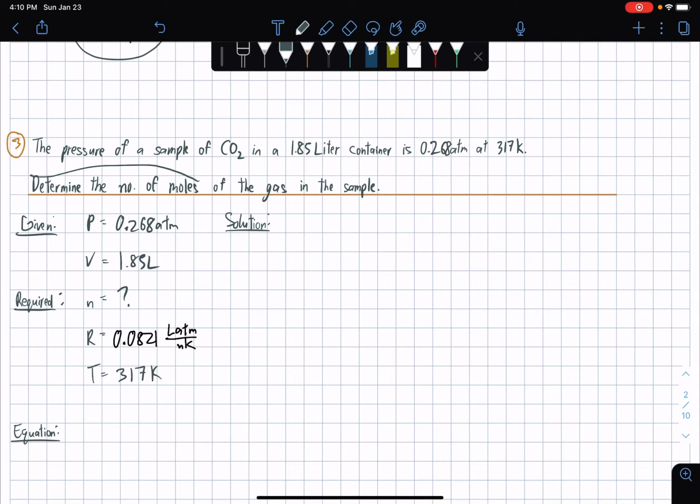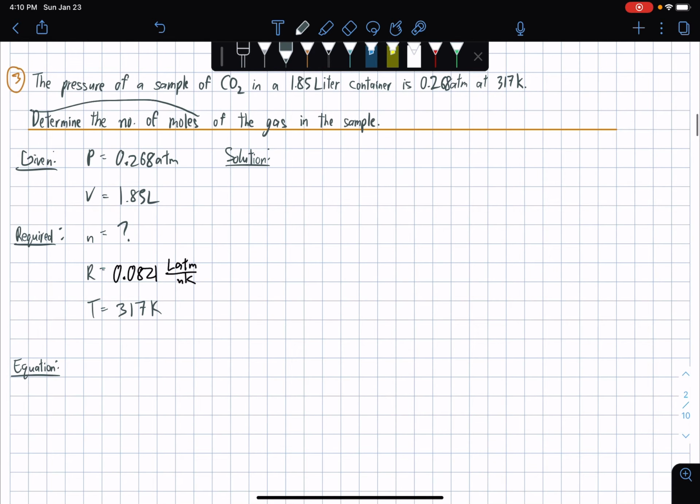So for the first time, compared to the previous problems earlier, we don't have to convert anything. All of these values are in their corresponding default units: atmosphere, liter, L·atm over mol·K as always, and Kelvin. So we're trying to find mole. Let's formulate our equation now. So PV is equal to nRT. Let's start from that. What we're trying to find is mole, so divide both sides by RT, and we get this kind of equation.